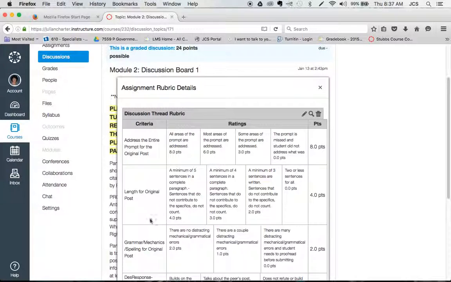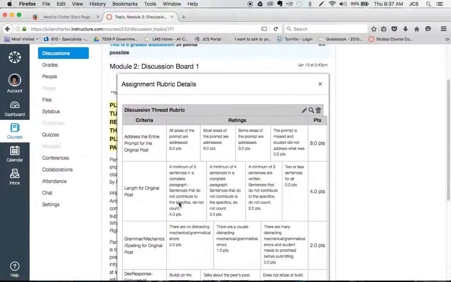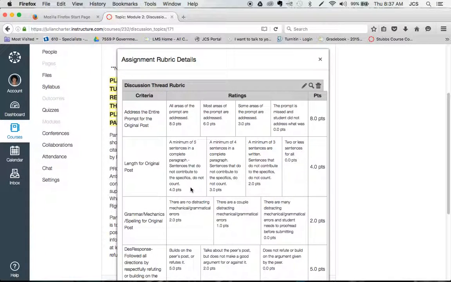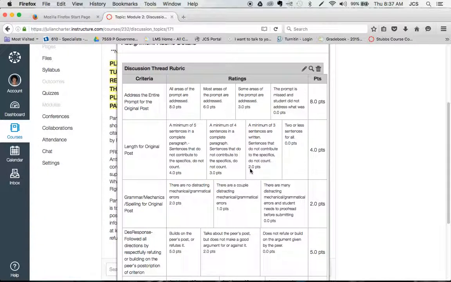If you write and you have 5 good sentences or more that really contribute to answering the prompt, then you will get 4 points. If you have 5 sentences, but only 3 of them are really contributing to answering the prompt, then you'll only get 2 points. I hope you see how this works.